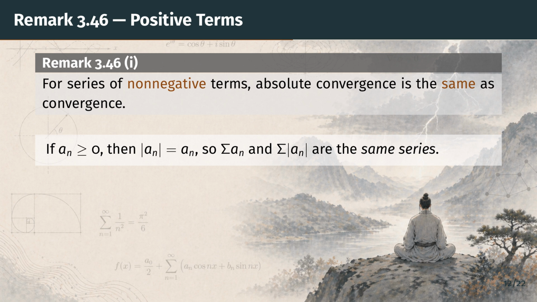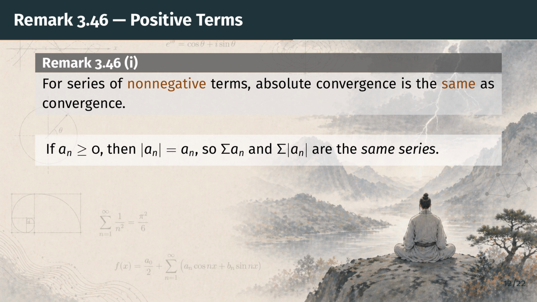The reason, on the slide, is immediate. If every term a sub n is non-negative, then its absolute value equals the term itself. So the series of sizes is literally the same series. This is why all the work we did on series of non-negative terms transfers directly to absolute convergence.